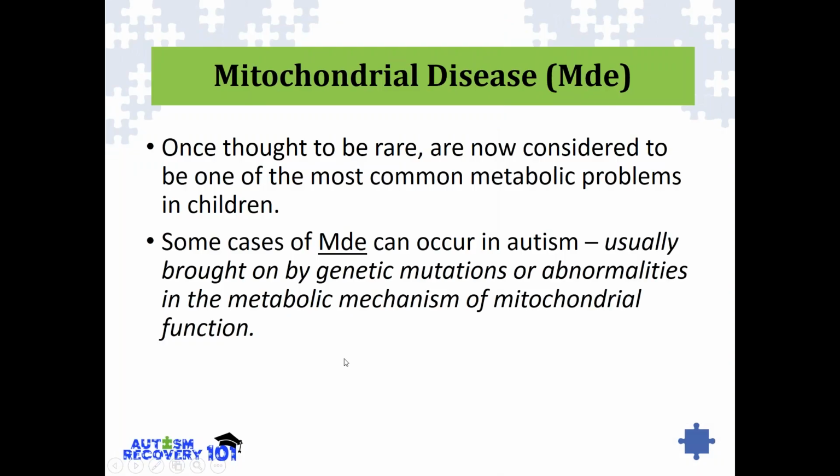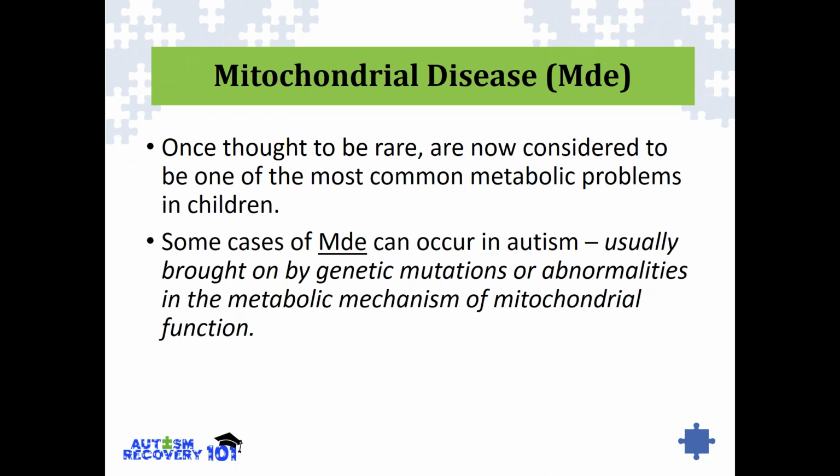So you'll often hear about mitochondrial dysfunction, and sometimes you'll hear about mitochondrial disease. It was once thought mitochondrial disease to be fairly rare, but it's really becoming more of a common metabolic problem in kids. Some cases of mitochondrial disease do occur in autism.